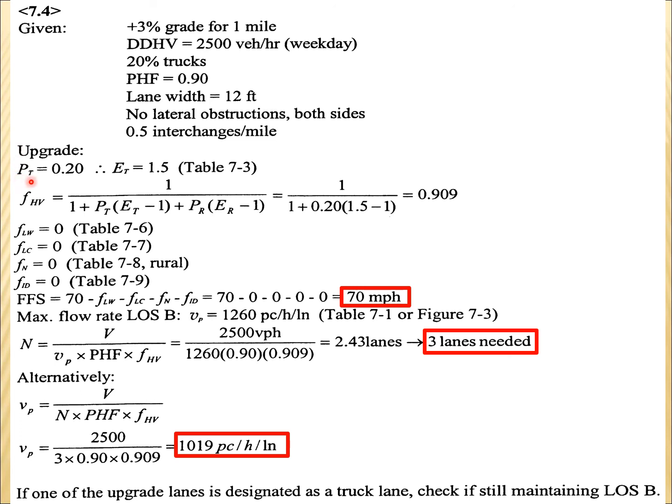So P sub T, that is 0.2, because you can see that 20% trucks are there, and by consulting table 7-3 we are getting E sub T, the passenger car equivalent for each truck and bus, equal to 1.5.